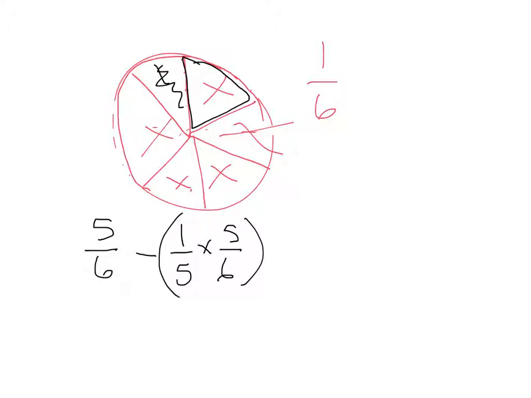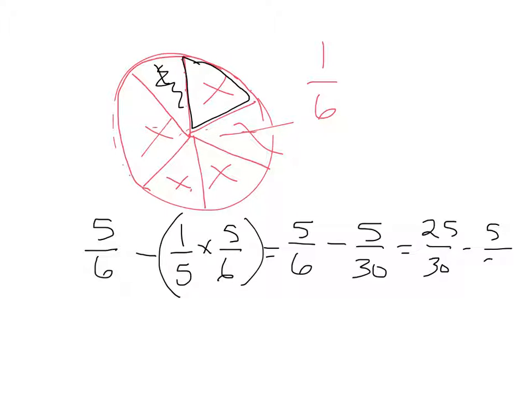So there's your multiplication. And you have your 5/6 minus 5/30ths. And then make some common denominators. You have 20 over 30, which reduces to 2 over 3.